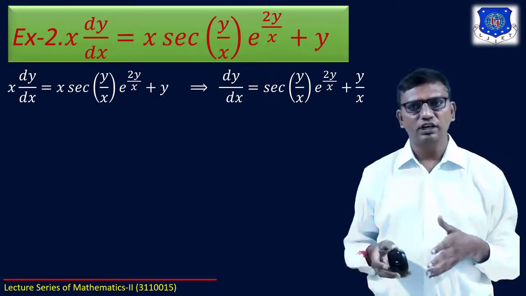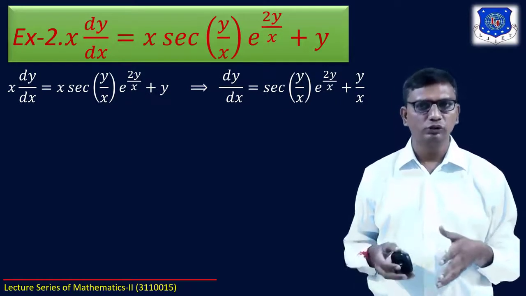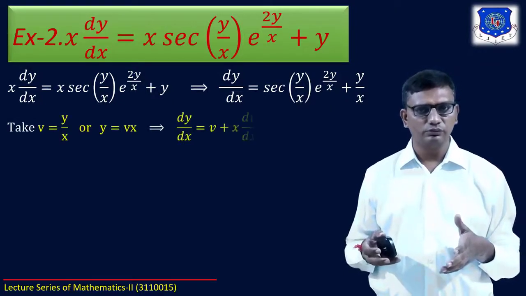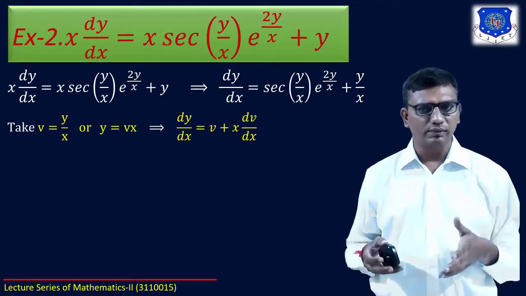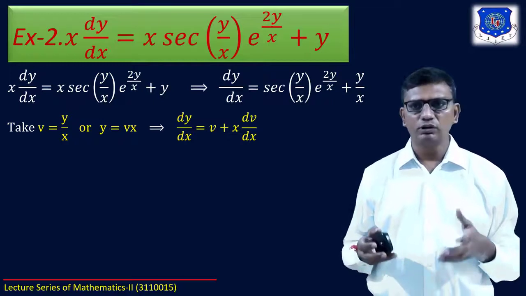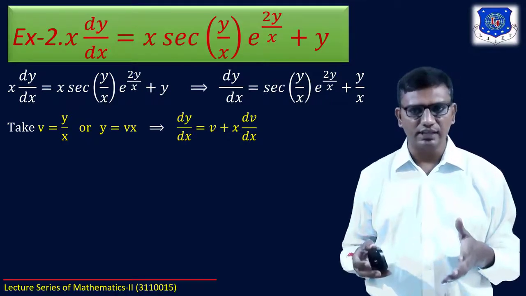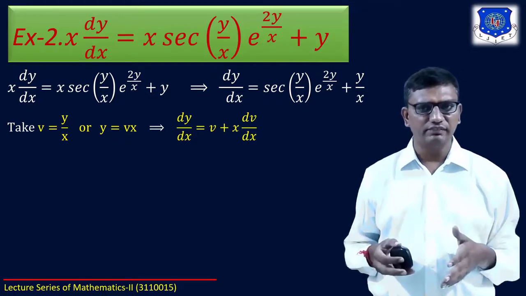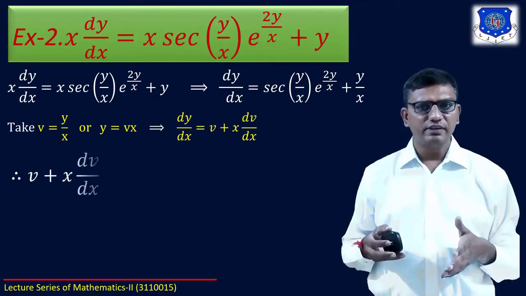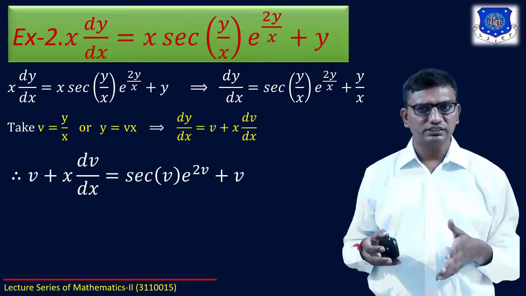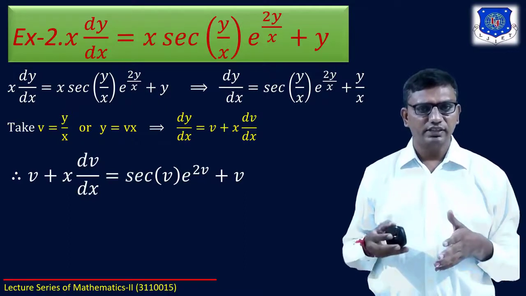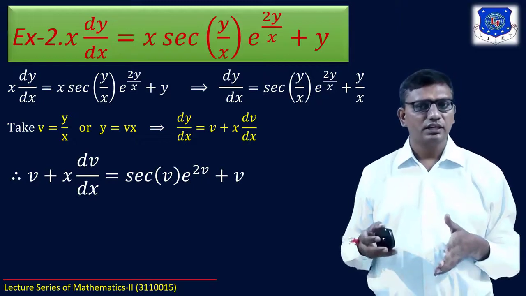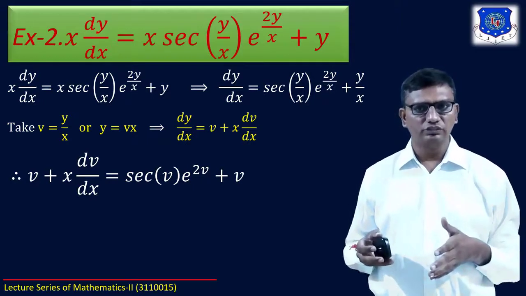Now on the right hand side we have a y by x form. So we can take y equal to vx, or v equal to y by x, then dy by dx equal to v plus x dv by dx. Put this form in the differential equation, then we get v plus x dv by dx equal to sec v e raised to 2v plus v.